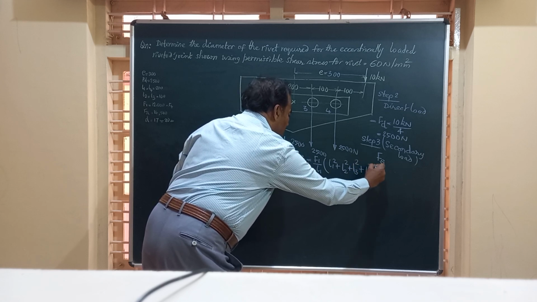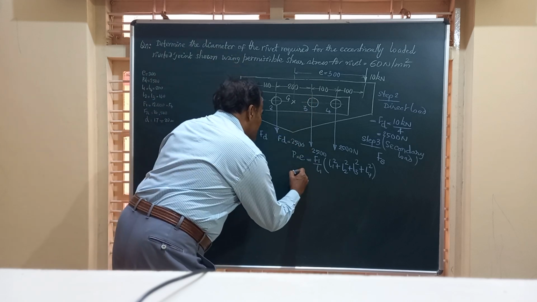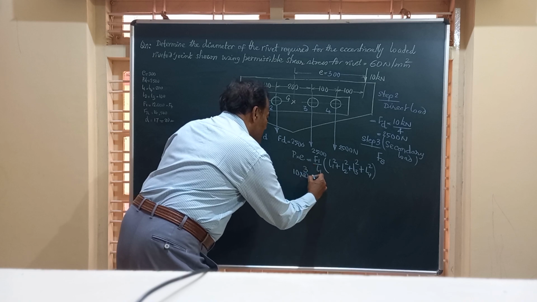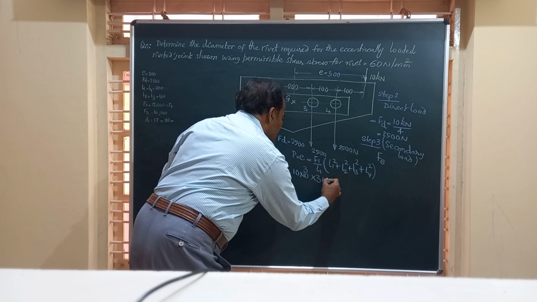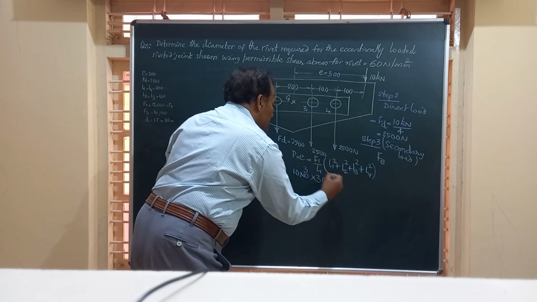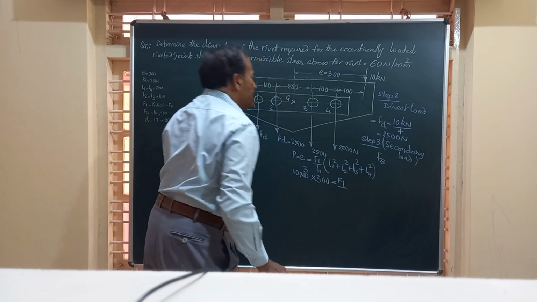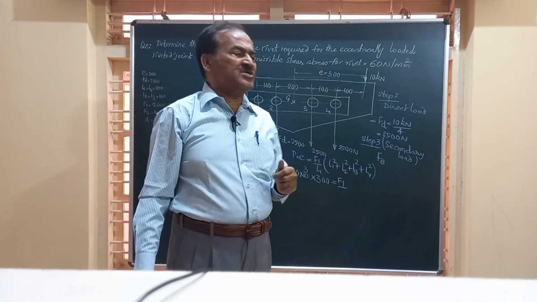I'll tell you what these are. Friends, P is the load, 10 kilonewton, that is 10 into 10 to the power of 3 Newton. Eccentricity is 300 millimeter, and that is balanced by F1, the secondary load at rivet 1, divided by L1, multiplied by the sum of squares of L1, L2, L3 and L4. What are these?